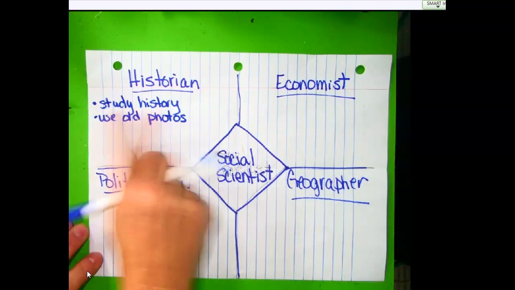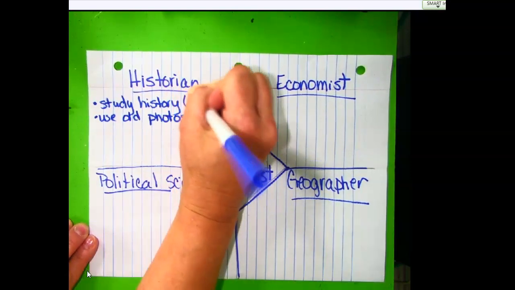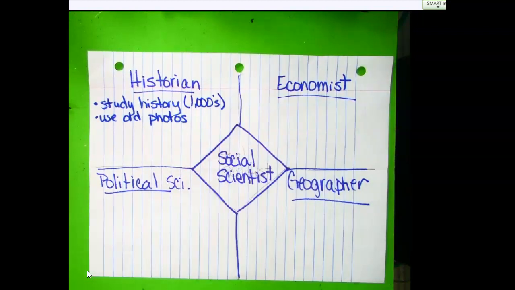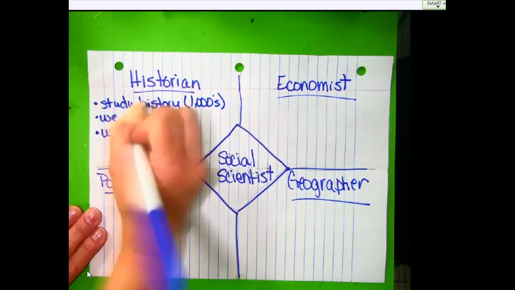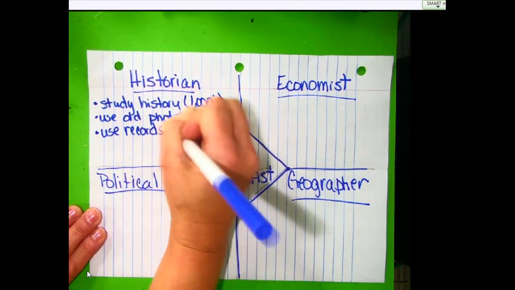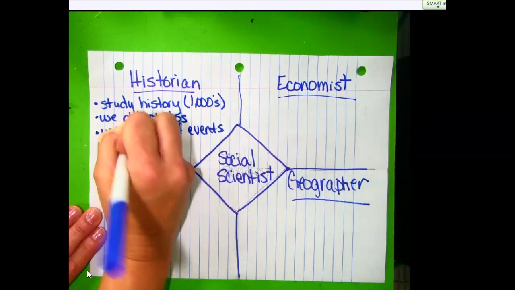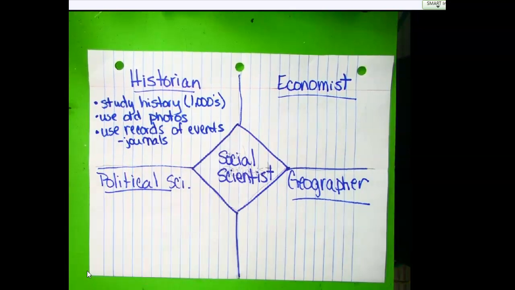And when we say they study history, we're talking about thousands of years ago. They like to use old records of events, like old journals that somebody might write.